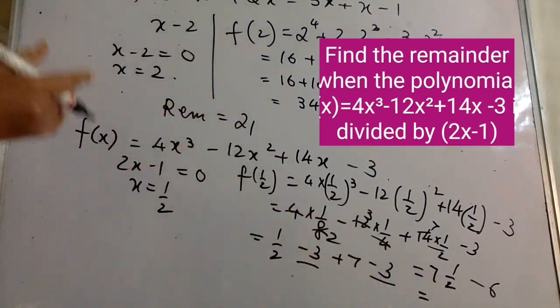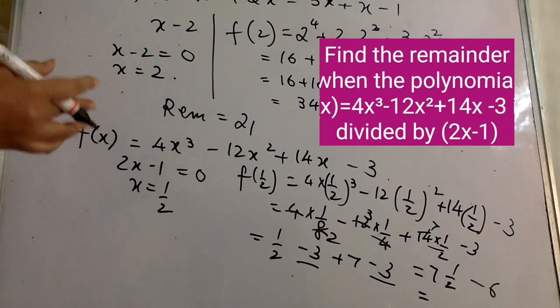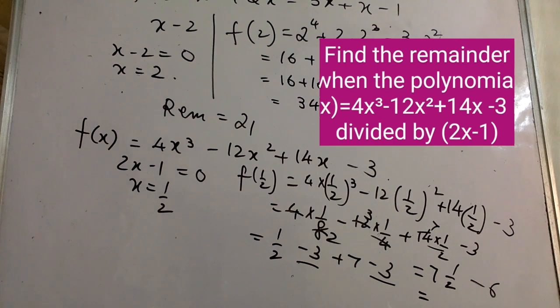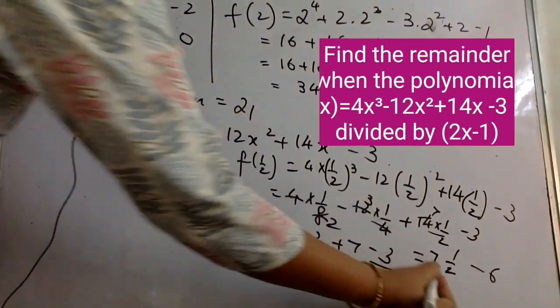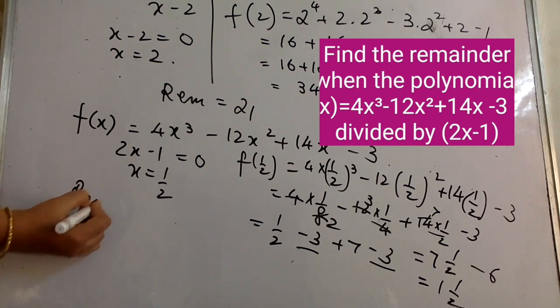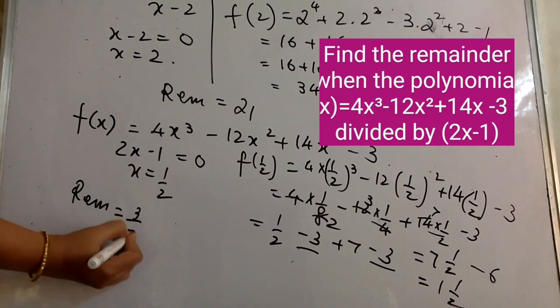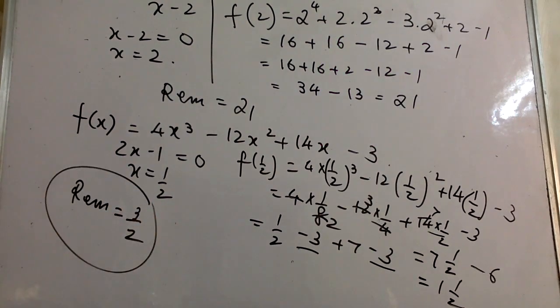From 7 and a half, if you take out 6, you are left with 1 and a half, isn't it? So straight my answer becomes 1 and a half. That's it. The remainder for this sum is 3 by 2. That is my answer. This is what they had asked for.